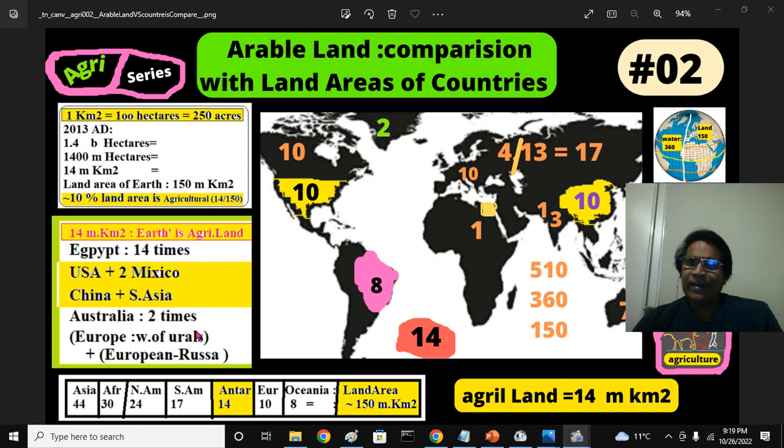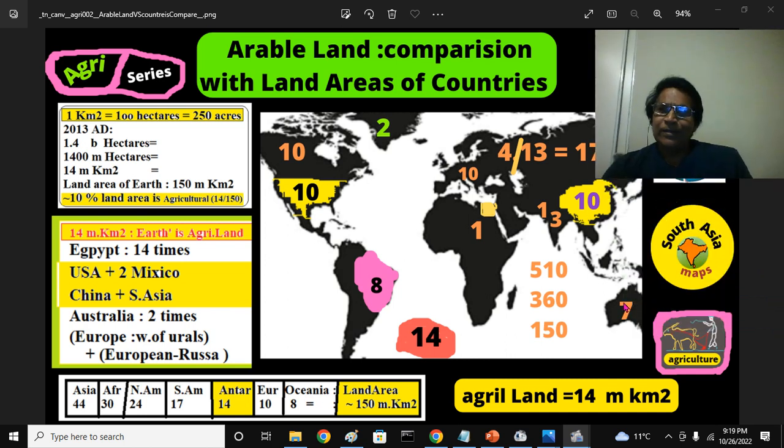So again, China plus South Asia is the arable land. Australia is a country and a continent in Oceania, that is 7.7 million square kilometers, or unit 7. Double the area of 7, 14 it becomes, that is the agricultural area, arable land.